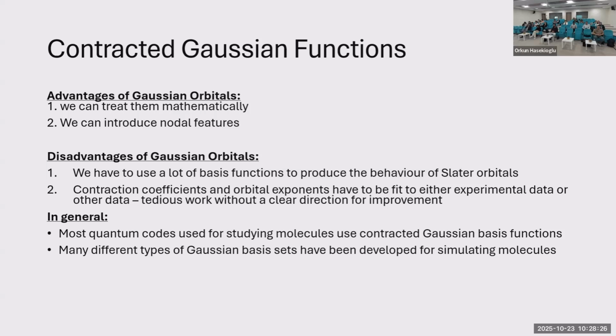Tedious work without a clear direction for improvement. And in general, we can state again that most quantum codes used for studying molecules use contracted Gaussian basis functions, and many different types of Gaussian basis sets have been developed for simulating molecules or biomolecules.